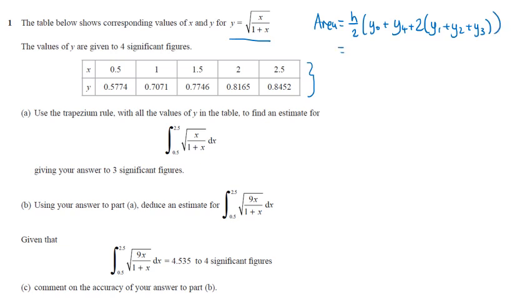Okay, so what is h first of all? Well, we're going up by 0.5 each time, so h is 0.5. And then we just put in all the values, so 0.5774 plus 0.8452, that's the first and last, so that's y0, that's y4, and then plus twice the other ordinates.